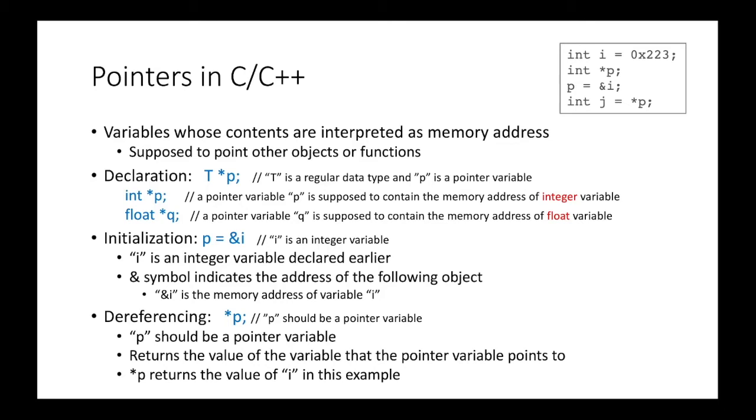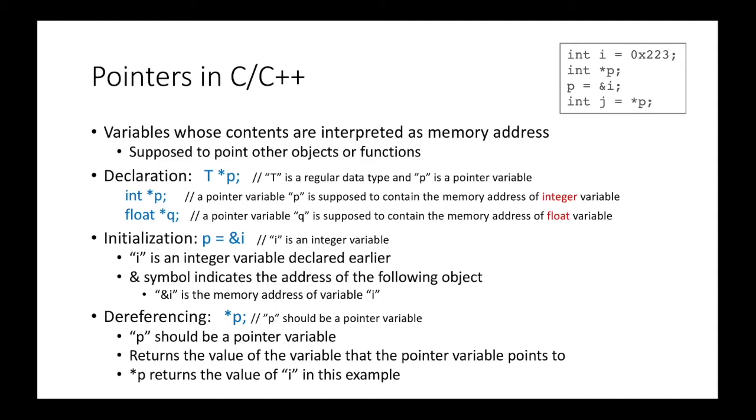We initialize a pointer variable with the memory address of another object, and we use an ampersand symbol to get the memory address. For the example in the top right corner, to initialize the integer pointer p with the address of regular integer variable i, we write p equals ampersand i. i must be an integer variable declared earlier.